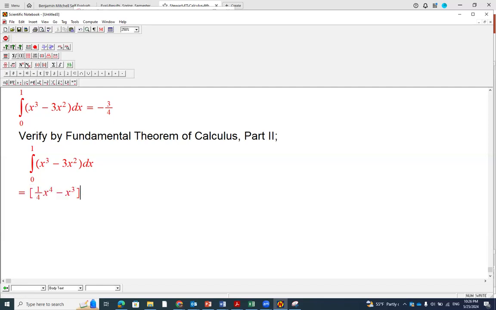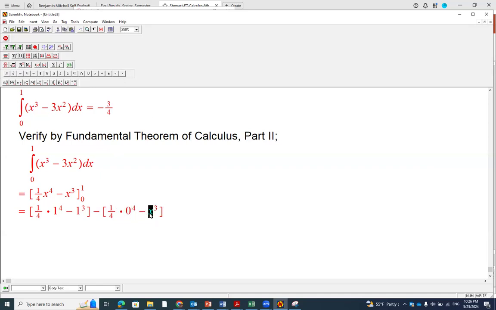So with that, we're going to evaluate at 0 and 1, right? And what do we get? So this bracket, subtracting the other, it's the same bracket, but x substituted by 1. X is substituted by 1. And this x substituted by 0.